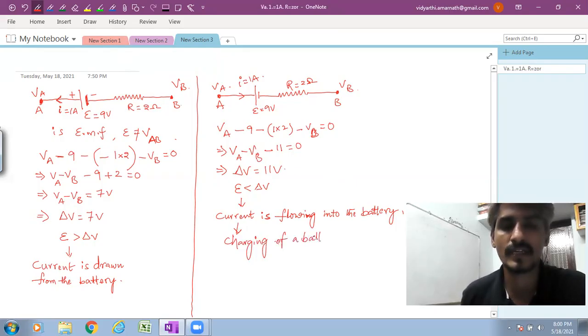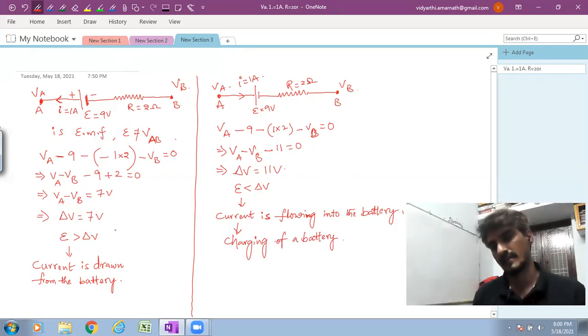In the previous situation, it is called discharging of a battery, which means that current is drawn from the battery.